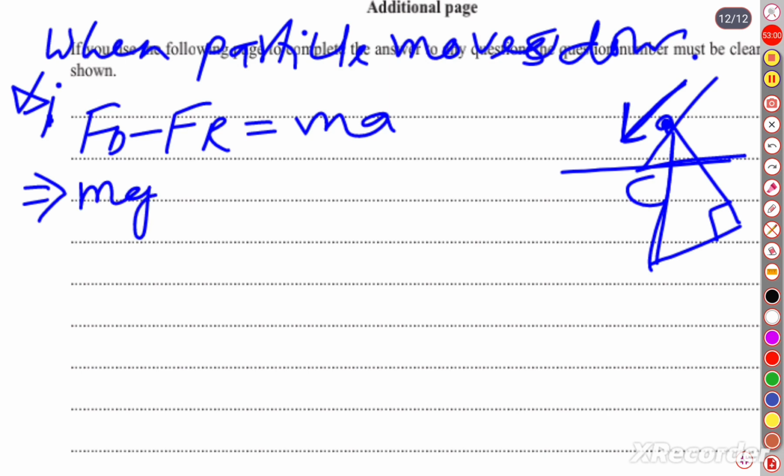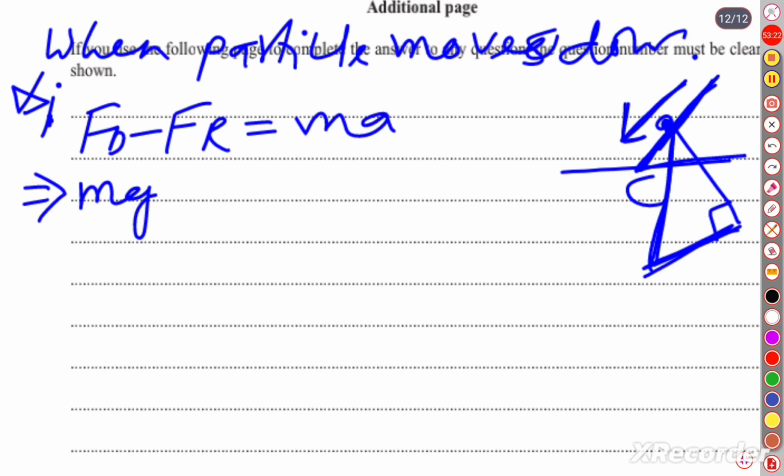If we resolve the force, this is our vertical line in terms of our surface. In terms of our surface, this is horizontal, because this is parallel to the surface. Parallel to the surface is horizontal, and perpendicular to the surface is vertical.